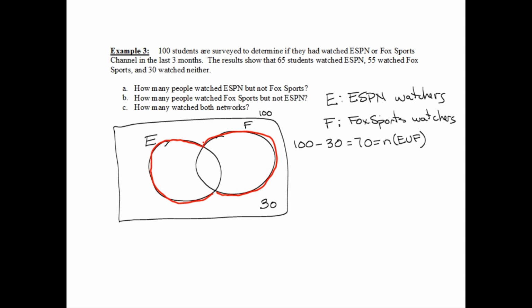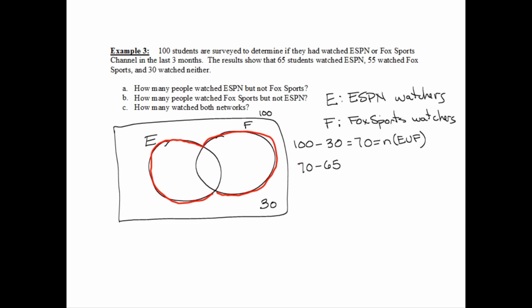Now, I know that if I have 70 total, let's subtract the ones that are in set E. Okay, that'll be 65.